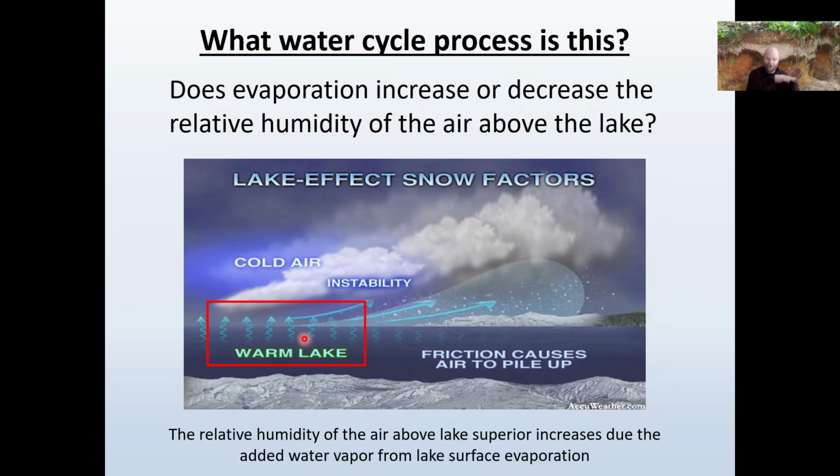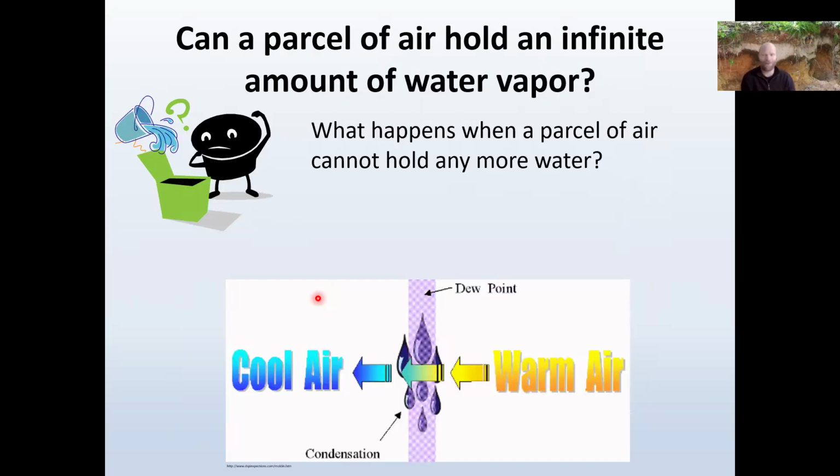And at that point, as the relative humidity value increases and increases, it reaches saturation. It reaches dew point, clouds form, and it potentially begins to snow. So let's keep exploring this and applying some of our previous understanding.